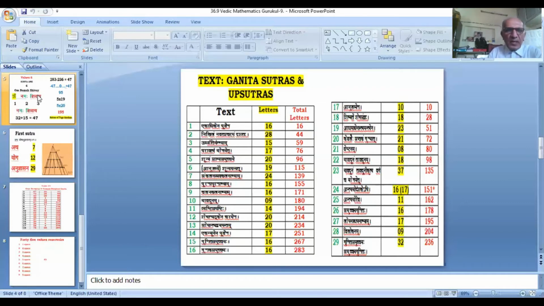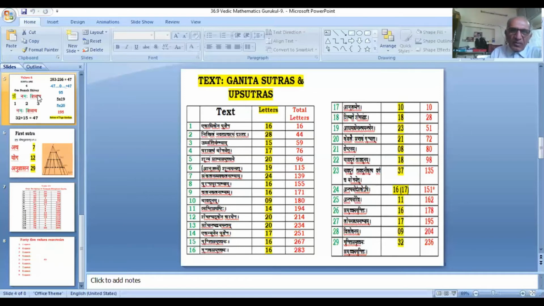So in the initial column is mentioned values 1 to 29 as serial numbers 1 to 29 in respect of 1 to 16 sutras and 1 to 13 upsutras.